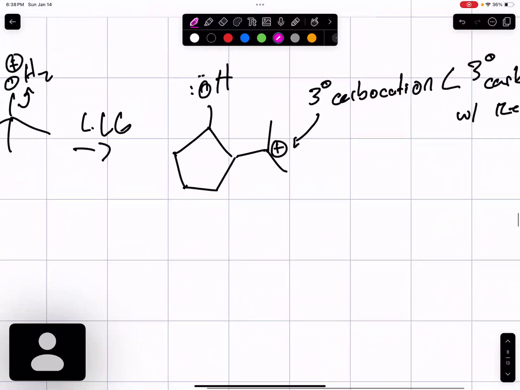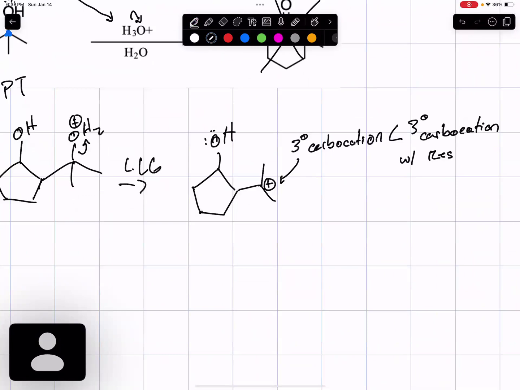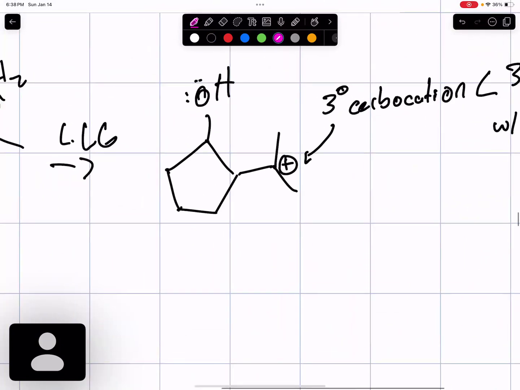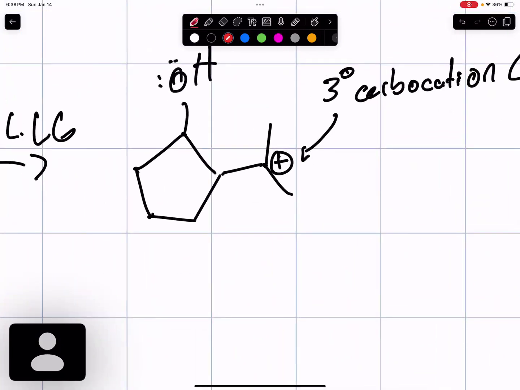I mean, we can form our more stable product still by breaking a carbon-carbon bond and reforming it. So the bond that we're essentially breaking, which one is it? Is it this one, the one in red? Are we breaking this bond in red and reforming it here?